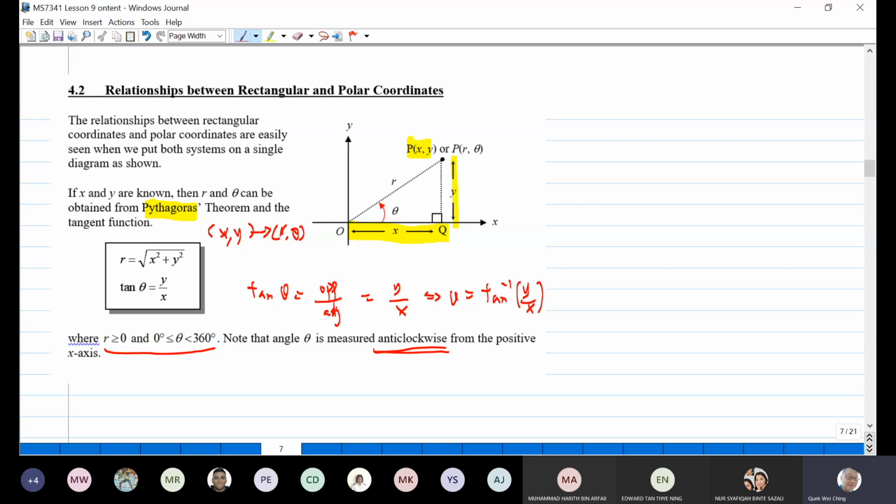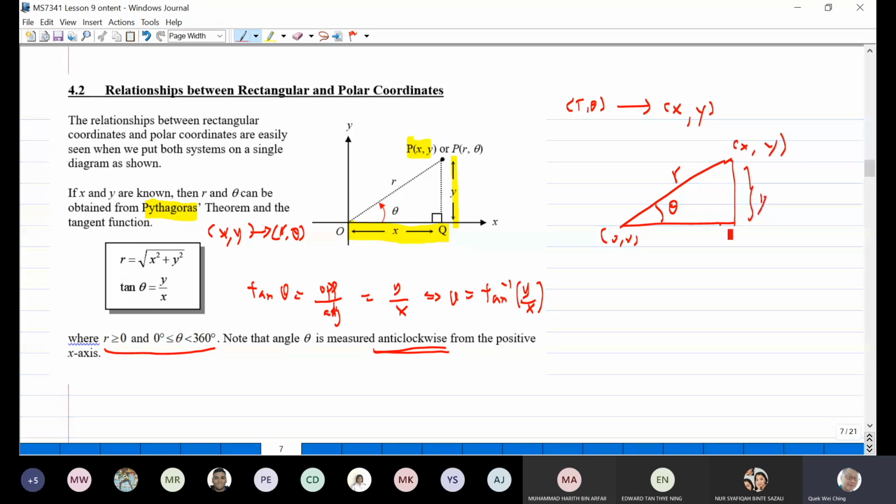Okay, so how about the other way around? Suppose you have r and theta, you're going to get x and y now. How? Let's do the other way around. So suppose I give a point here, with this r, the distance from the origin, and theta. Okay, then how do you find x and y here?